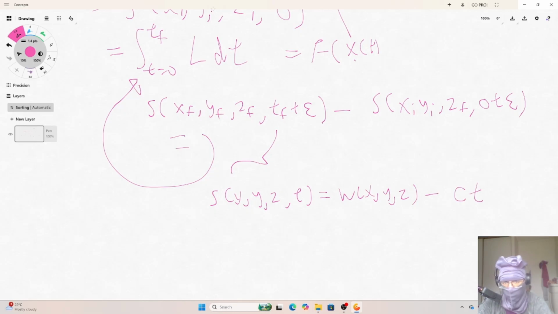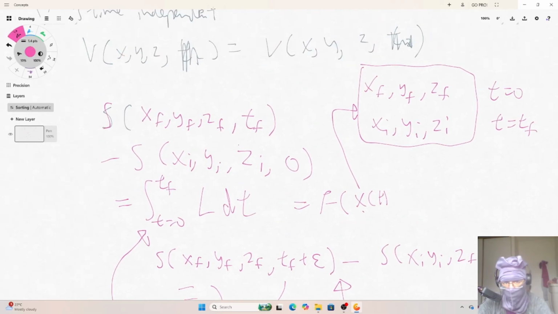This is the only way that this condition is satisfied, which is if we added the same amount of time to both functions, the difference of those two functions will still give you the total, the functional value, the variation of the action. It doesn't matter how much you shift the initial and final time.